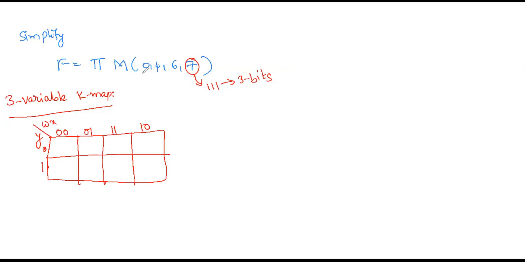Wherever the max terms are presented, keep 0 in those corresponding boxes. Okay, this is M0, M1, M3, M2, M6, M7, M5, M4. Now keep 1 in the corresponding boxes 0, 4, 6, 7.